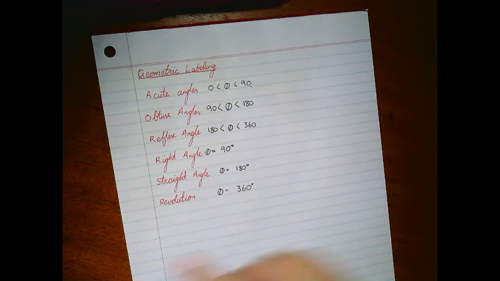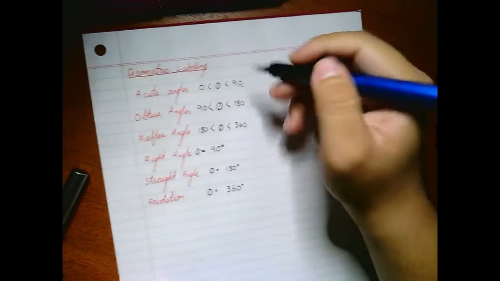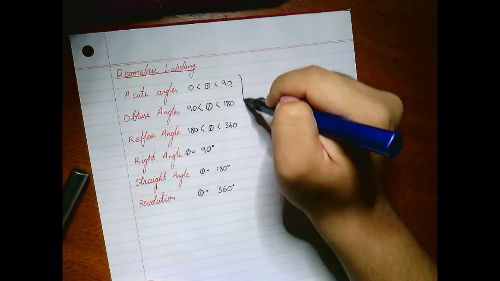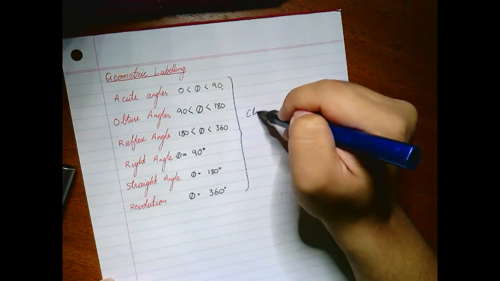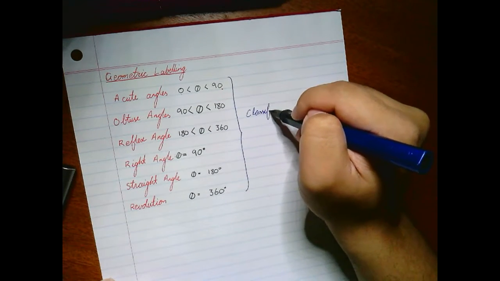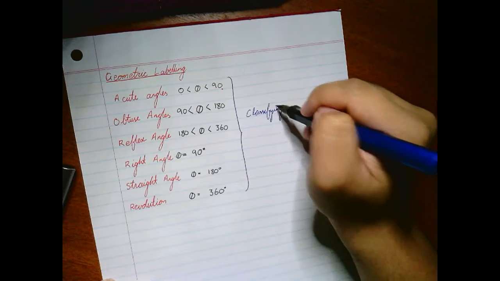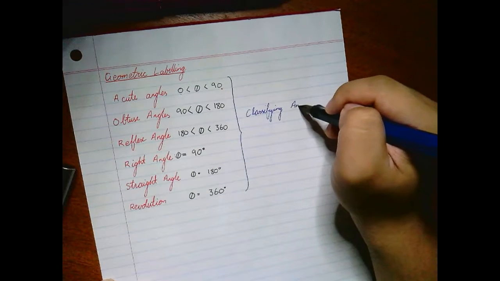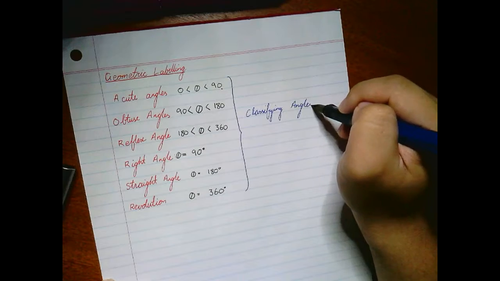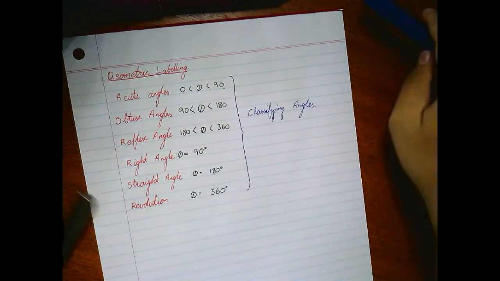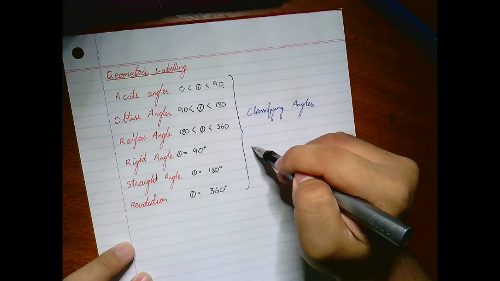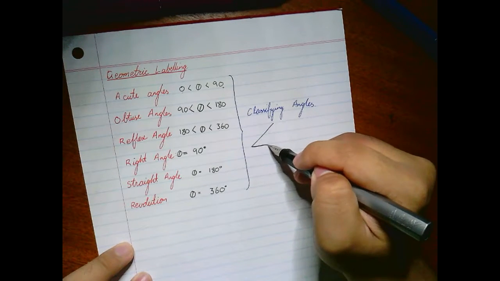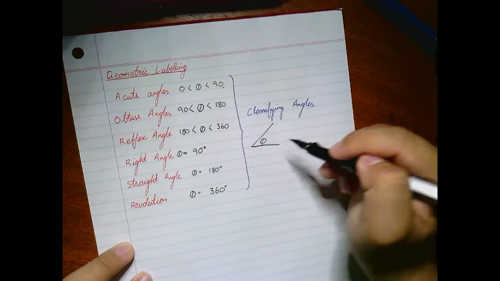However, these are just what's known as classifying angles. By that, you should now be able to, if I go, oh, there we go, there's some angle with theta in the middle.